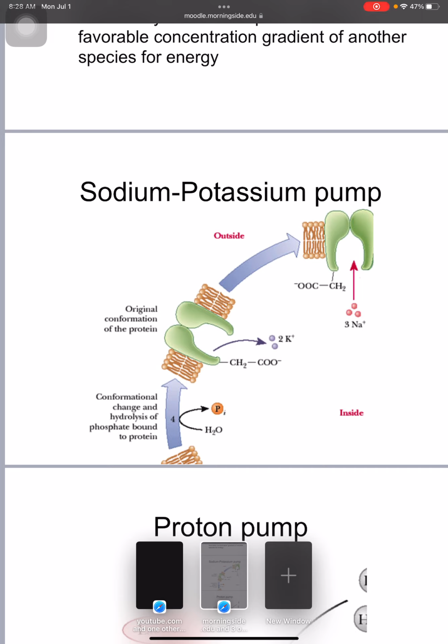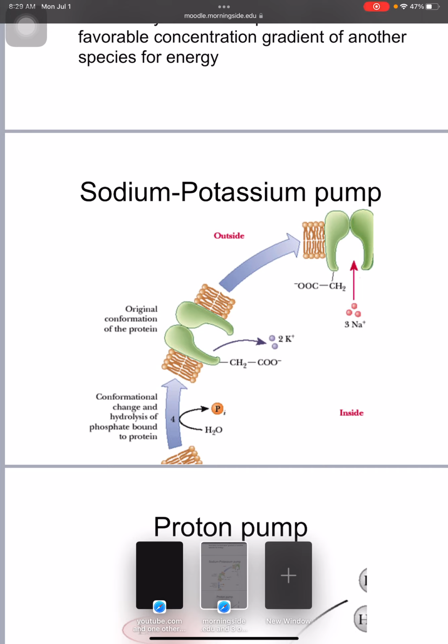You get a dephosphorylation of that enzyme through hydrolysis with H2O, and it changes its conformation back to its original tooth shape with the roots pointing inside, allowing the potassiums to be dumped off. All the while, the energy that was originally released from that ATP helps to drive against both of these gradients. Then your ATPase is back to its original position, lather, rinse, repeat.